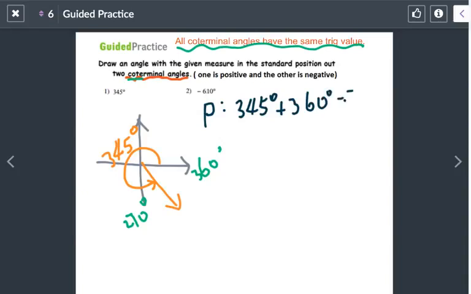You will get 705 degree. For the negative coterminal angle, we use 345 degree minus 360 degree. Then you will get negative 15 degree.